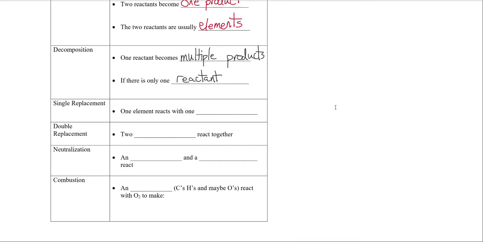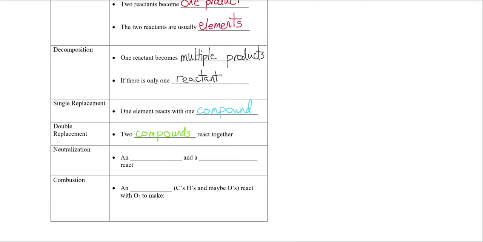That's when one element reacts with one compound. So if you ever see a single element reacting with a compound, you know it's going to be a single replacement. A double replacement is when you see two compounds reacting together. If you see two compounds reacting together, it's going to be most likely a double replacement.